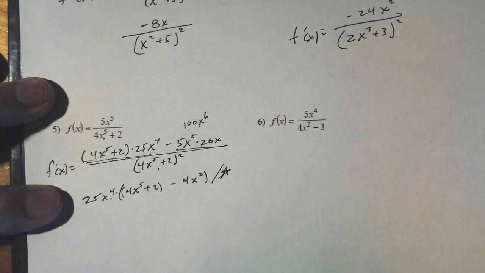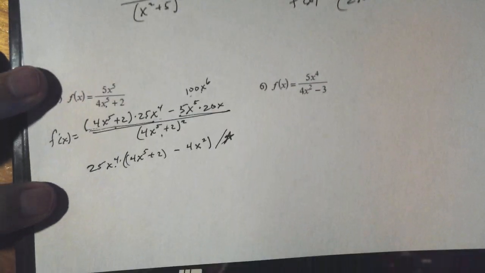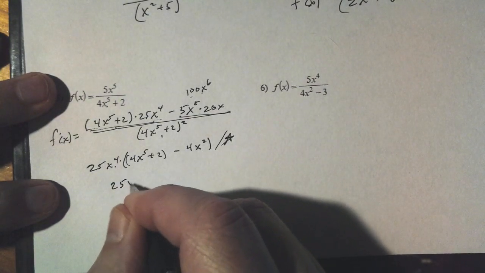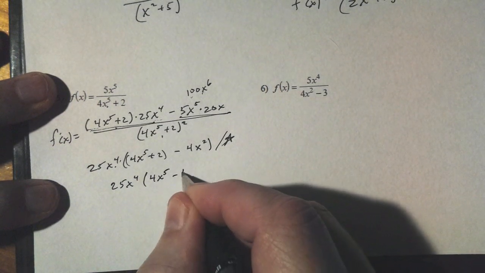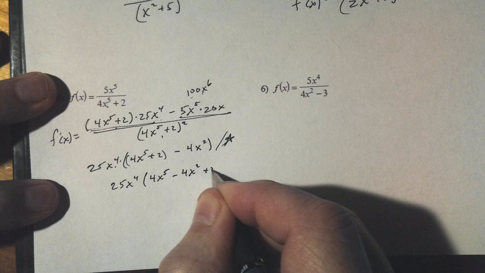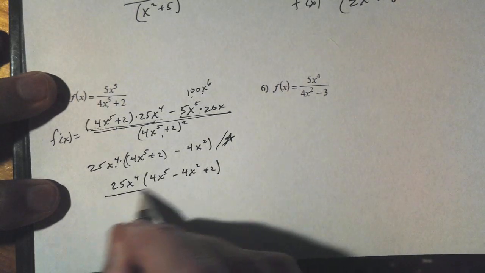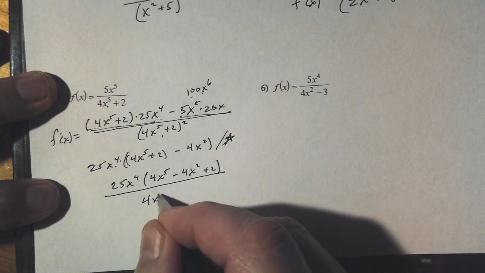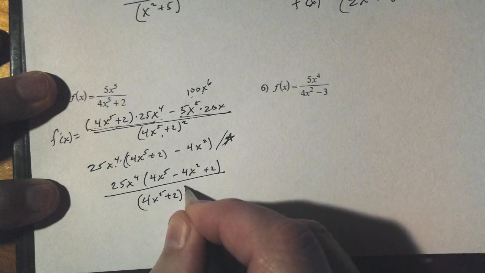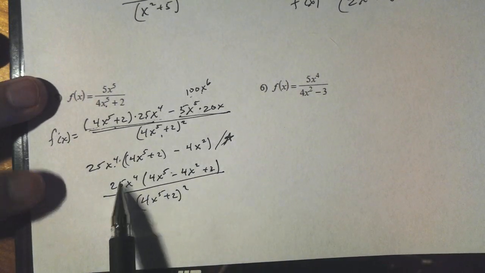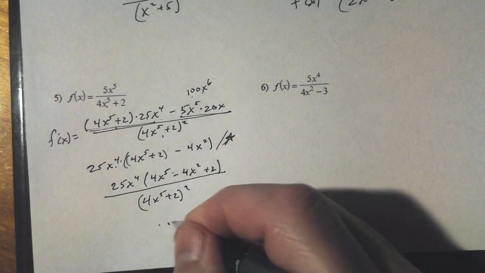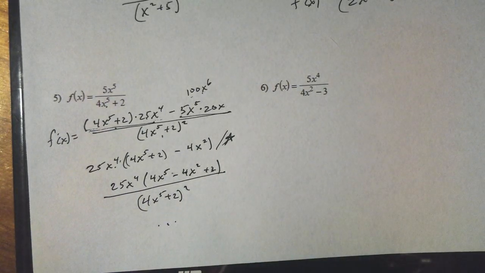All on star. So let's see, that's 25x to the 4th times 4x to the 5th minus 4x squared plus 2, all on 4x to the 5th plus 2 squared. And at that time, if you like, you could factor a 2 out of here. Dot, dot, dot. And you need to give number 6 a try.